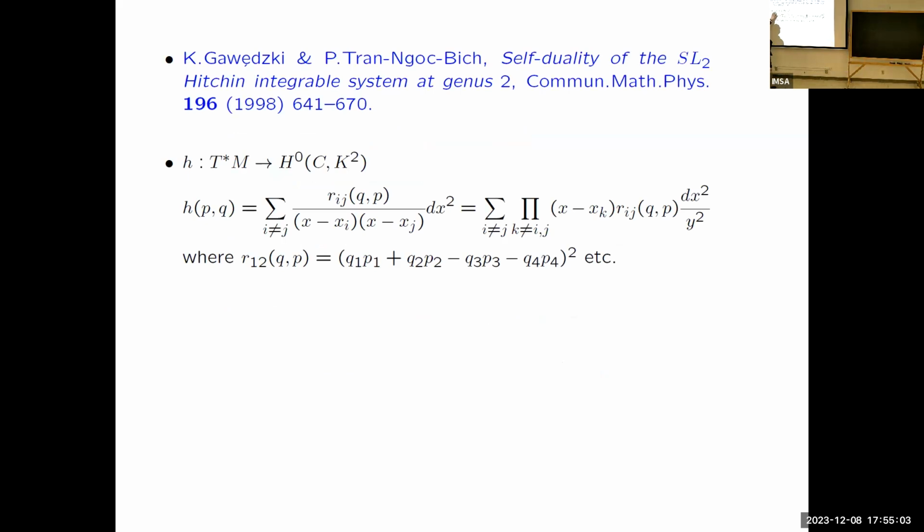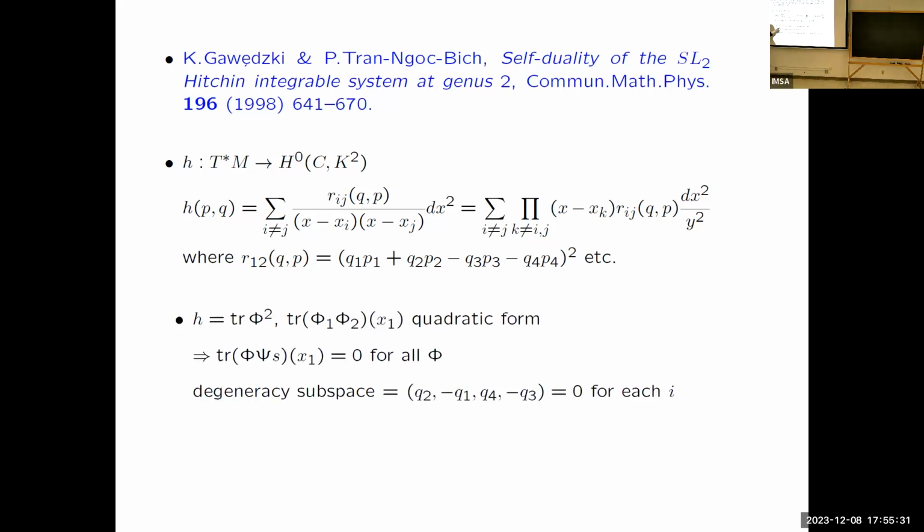This is the map from the cotangent bundle of P3 to the space of quadratic differentials, given by trace phi squared, and it looks like this. If you don't like the denominator, you can write it this way, and this is the quadratic differential. And these coefficients here, these R_ij's, look like this.